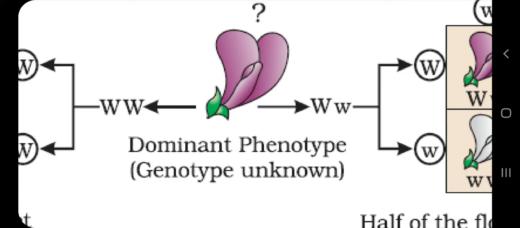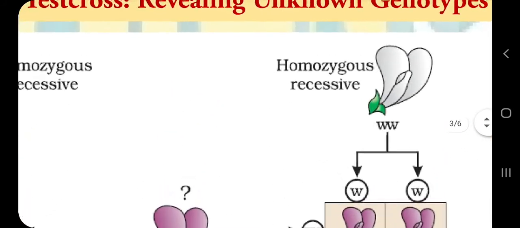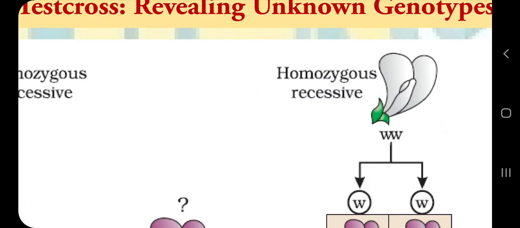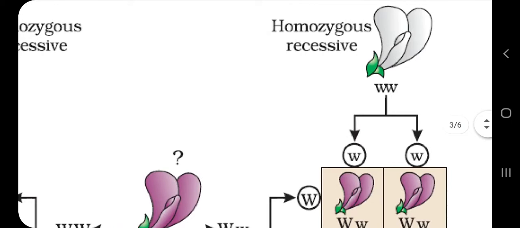In this case, the homozygous recessive will be the plant with white flowers. So you cross this violet flower plant to the white flower plant, and then we see the data of the next generation.